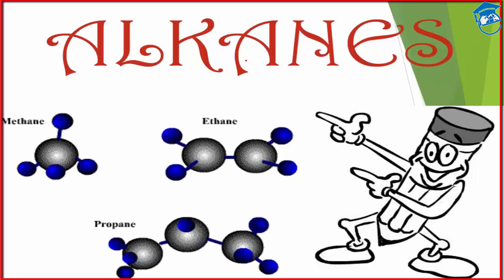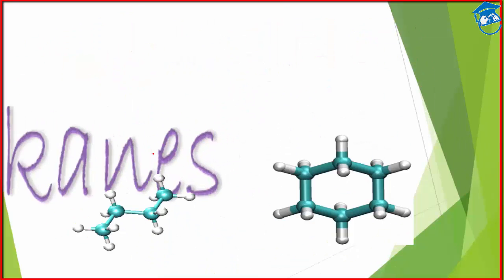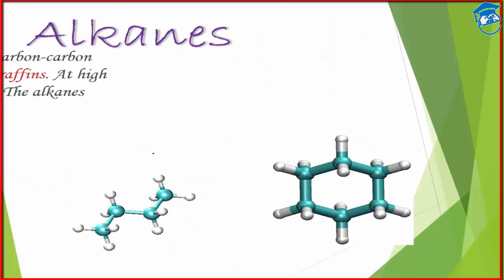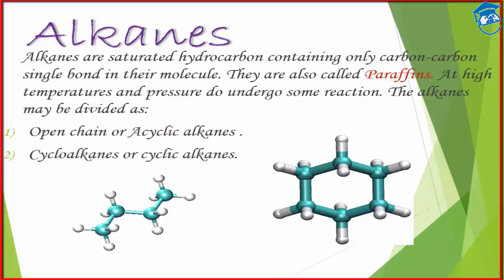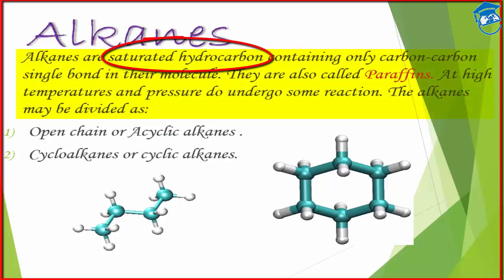Alkane. As you can clearly see, this is methane, ethane, propane: 1 carbon, 2 carbon, 3 carbon. Only carbon and hydrogen are there. So we'll do the basics of alkanes. As we have done earlier, alkanes are saturated hydrocarbons. Why saturated?